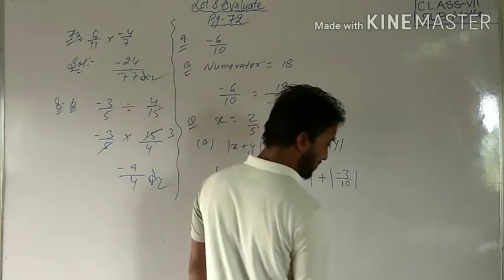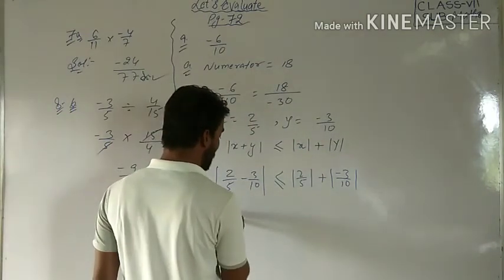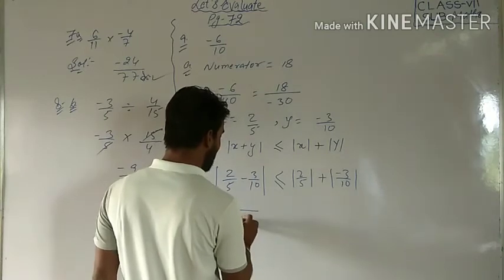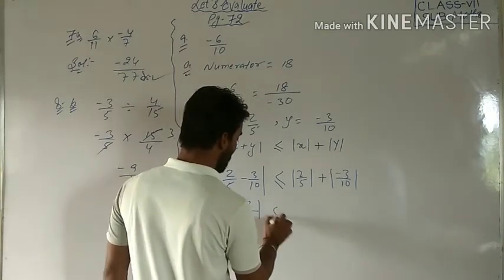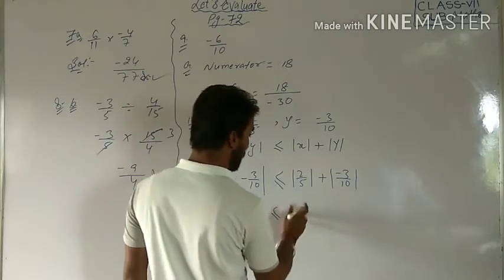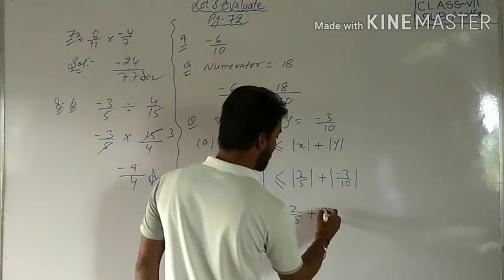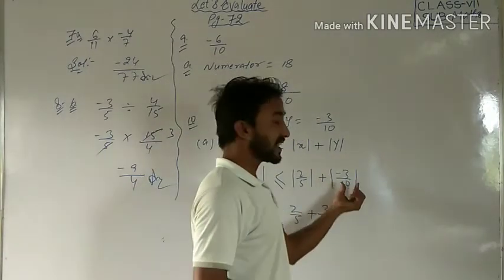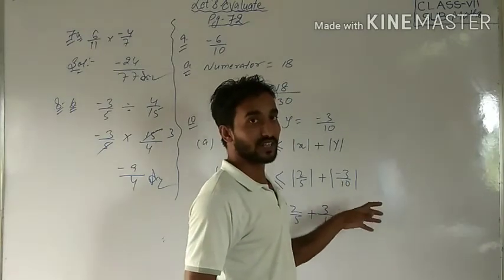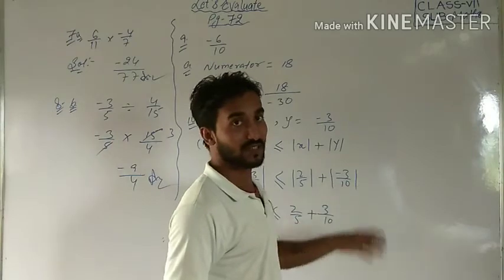Now solve it. After solving, what will you get? 5 by 10 means 10, 4 minus 3 is greater than or equal to 2/5 plus 3/10. If a negative number is given in mod, then after that the number will always be positive.